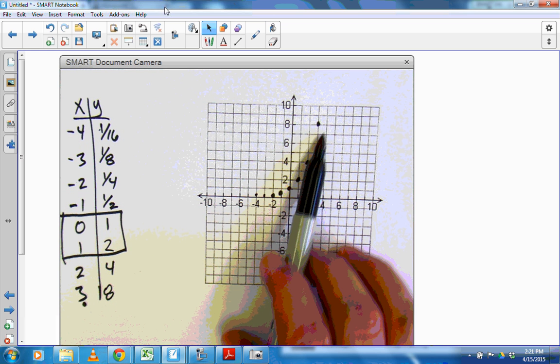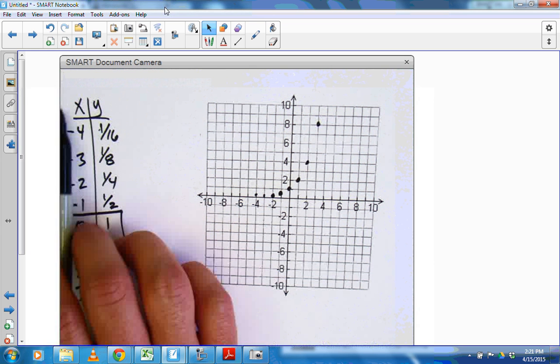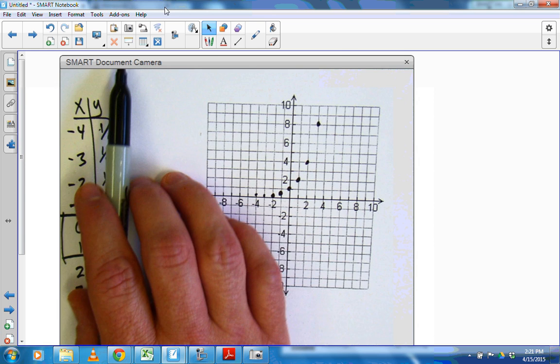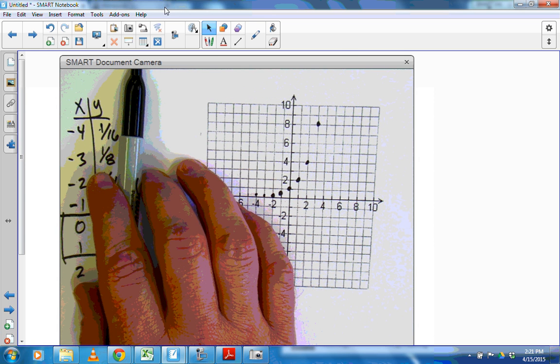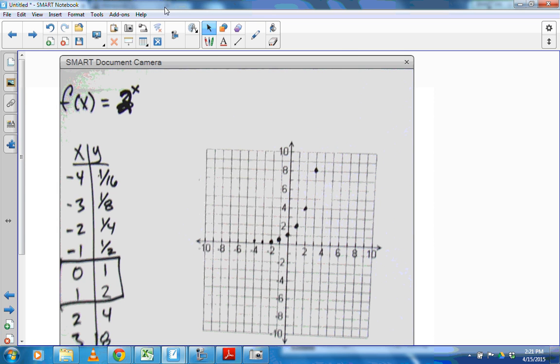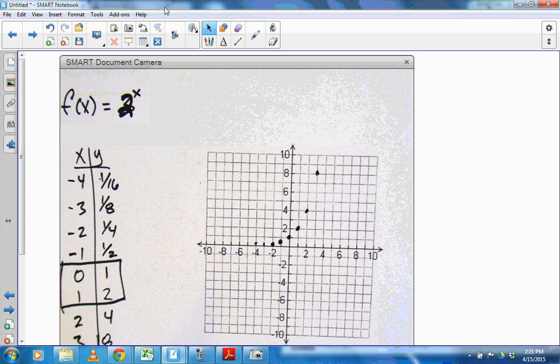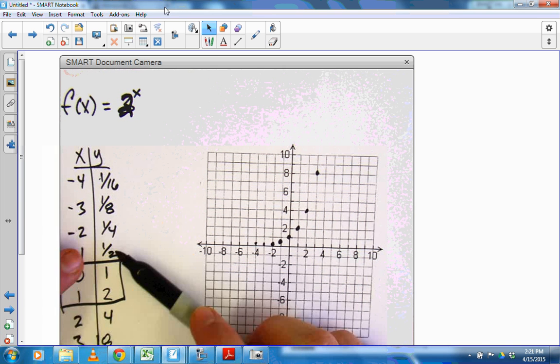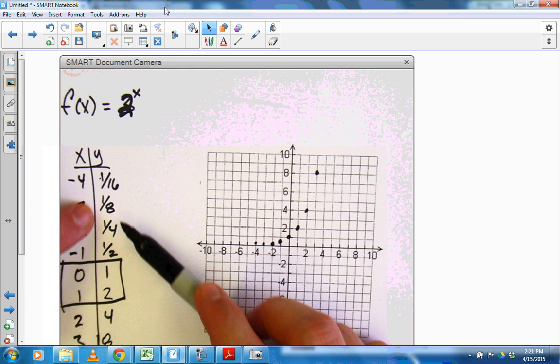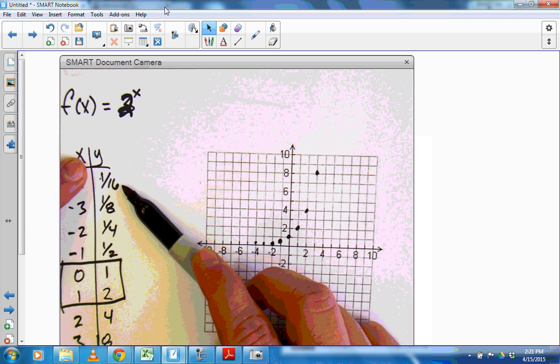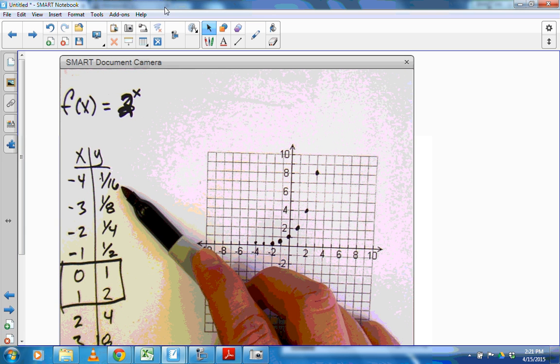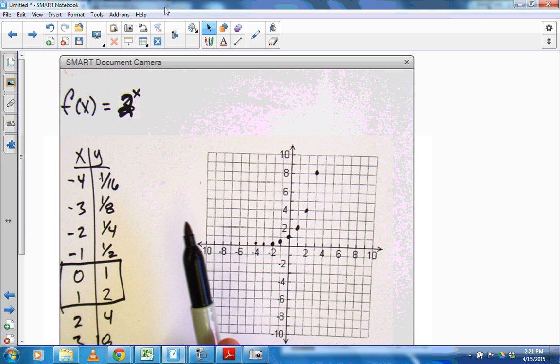But let's go out to say -100. Would that make it 0 if x was -100? No, it would just be really, really small. You get the idea that these are getting smaller and smaller and smaller, right? But it would never actually touch or cross 0, would it?